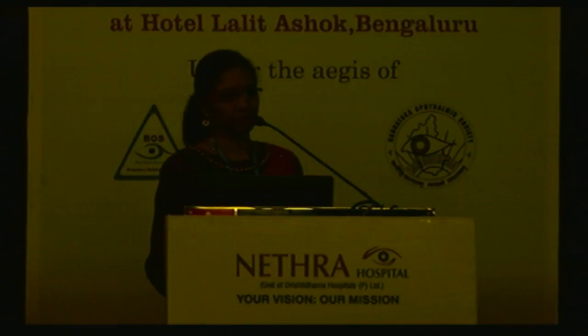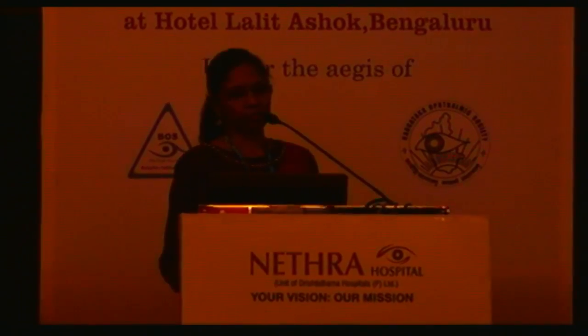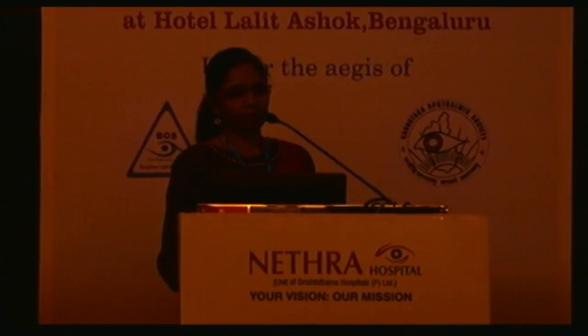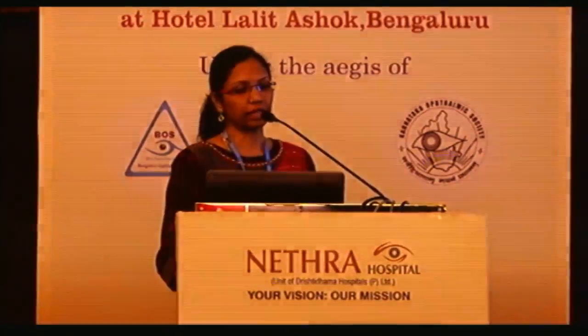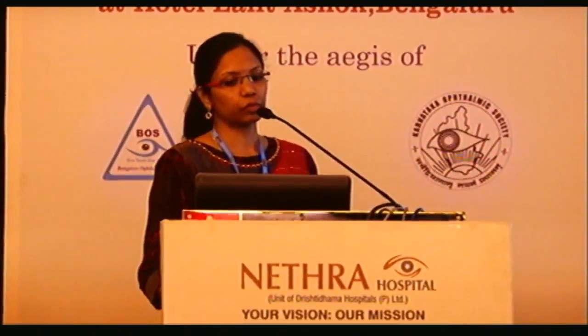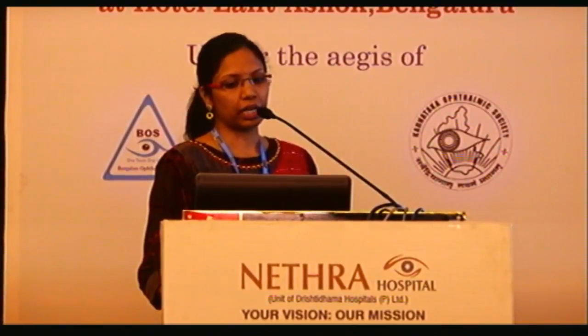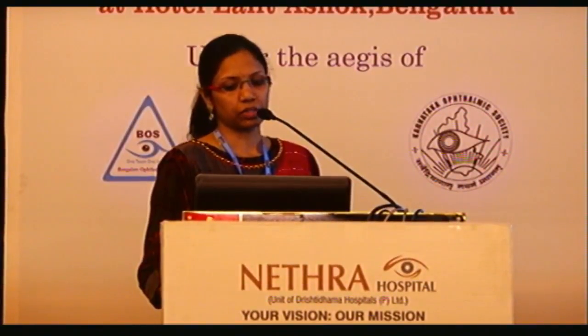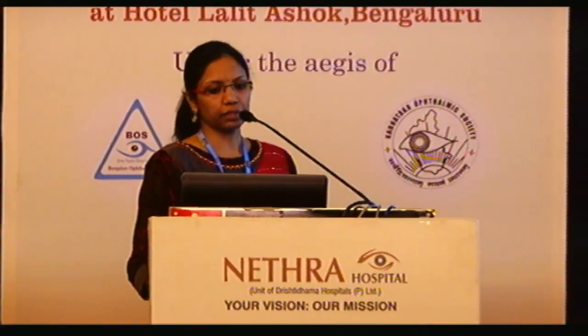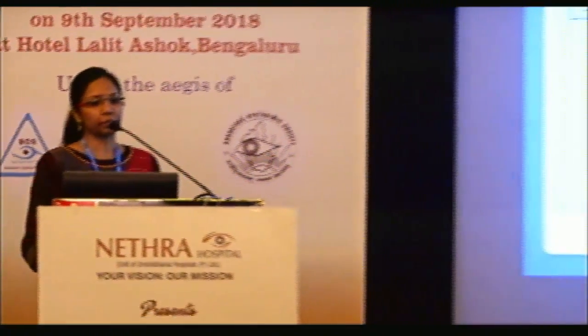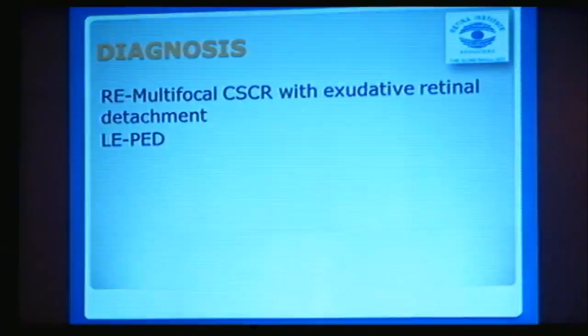It's the same in ICG in the right eye. Left eye showed window defect. Then B scan of the right eye showed subretinal fluid with fibrin superiorly and inferiorly an exudative retinal detachment. So the diagnosis made was right eye multifocal CSER with exudative retinal detachment and left eye PED.